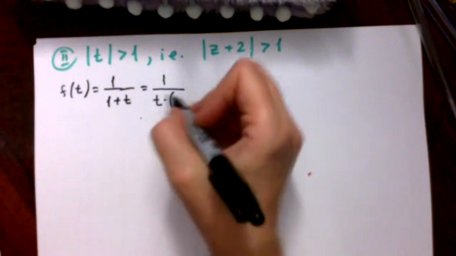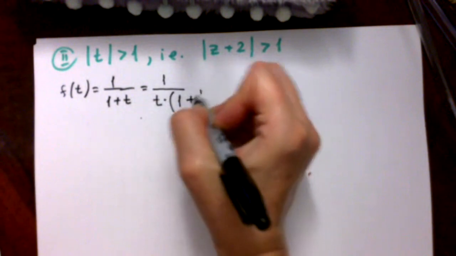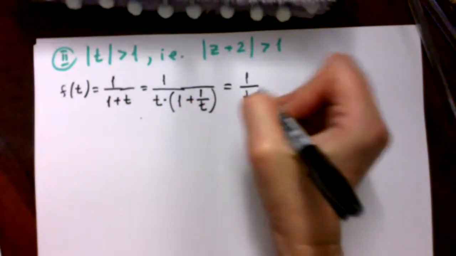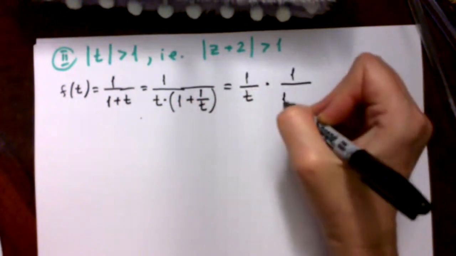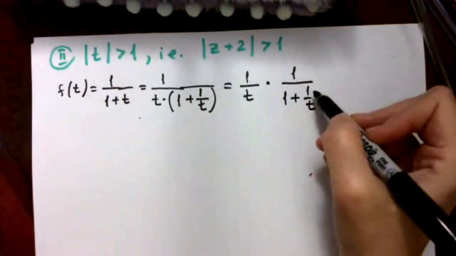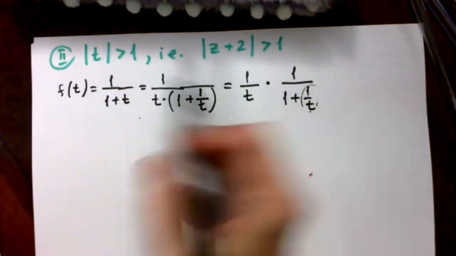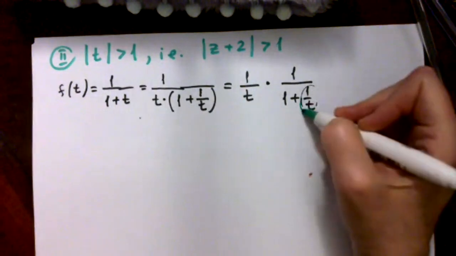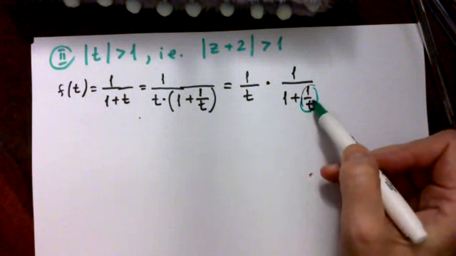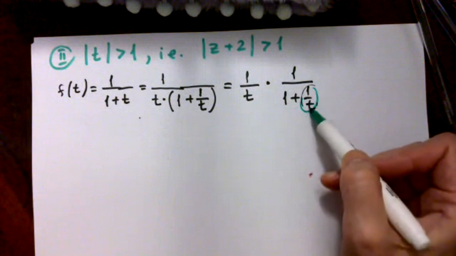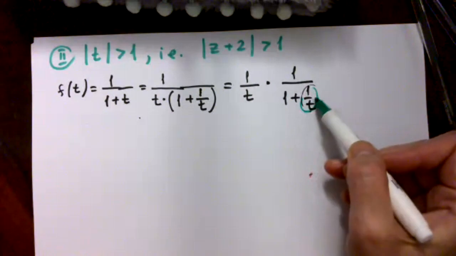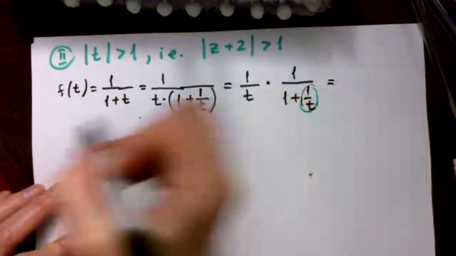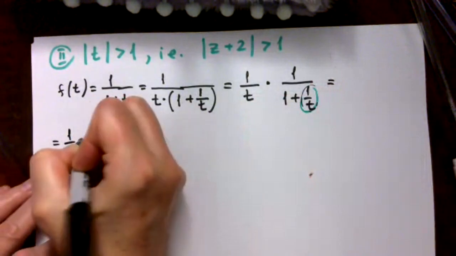You can pull out t, and then you will get 1 plus 1 divided by t. So let me pull out 1 divided by t here. And so our function is here. And this term does satisfy this limitation. Because when absolute value of t is bigger than 1, it means the denominator is bigger than 1, but the whole fraction will, on the contrary, be less than 1. So it does satisfy our condition.